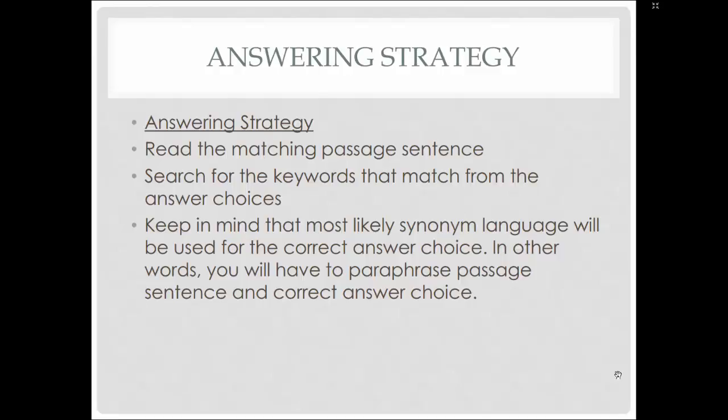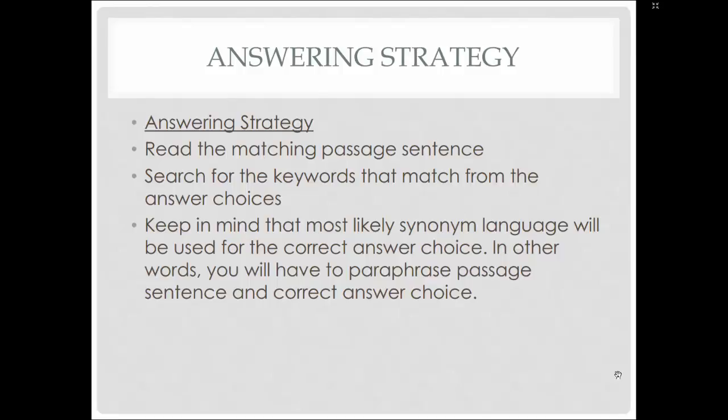A couple of things to keep in mind. A lot of times for the correct answer choice, they're going to use synonym language from the sentence in the passage. Another thing to keep in mind is that sometimes, for a multiple choice question, you have to read more than one sentence.